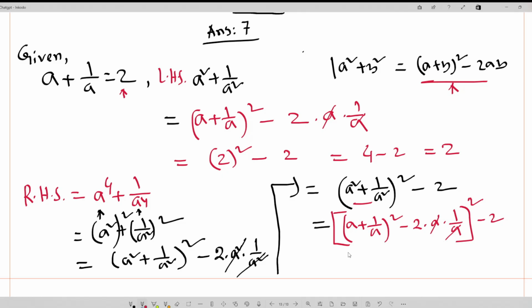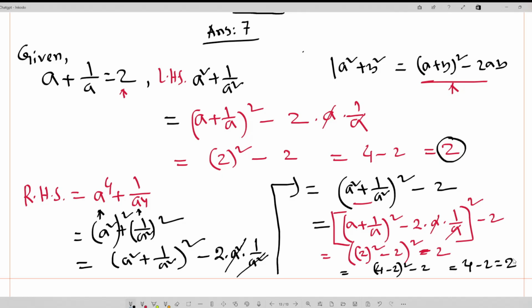So a plus 1 by a means 2 square minus 2 whole square minus 2, right? Now 2 square means 4 minus 2, square minus 2. So 4 minus 2 is 2, 2 square means 4, minus 2, and the answer is 2. Now look, on the left hand side we got 2 and on the right hand side we also get 2. So we can say left hand side equals right hand side, and it's proved.